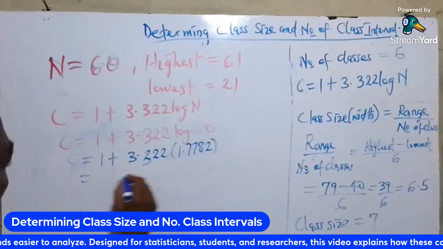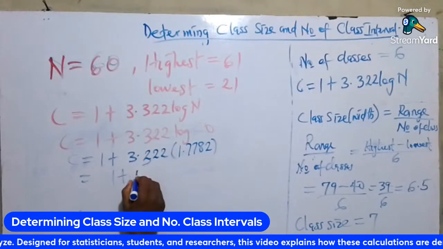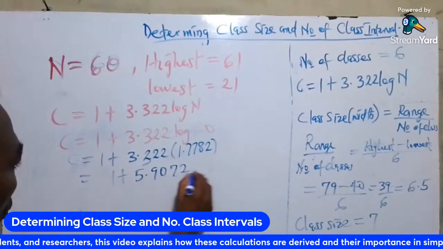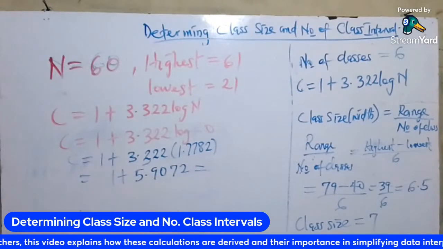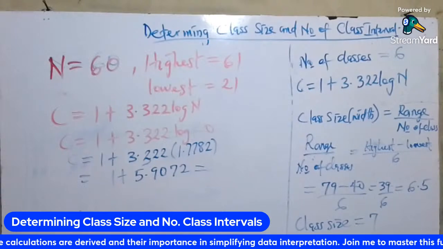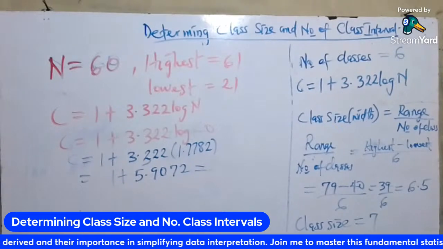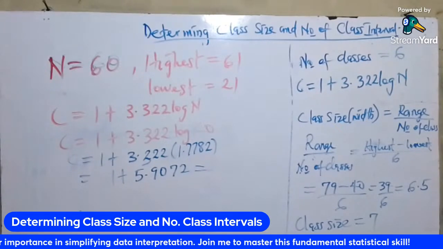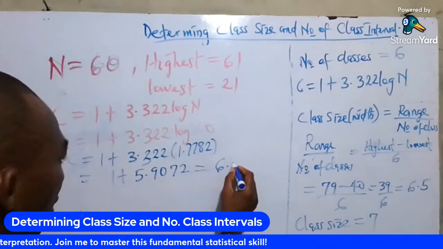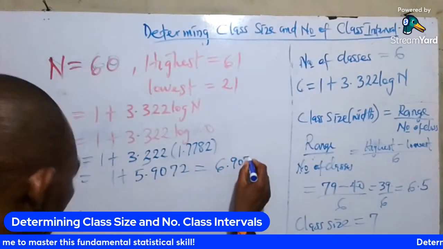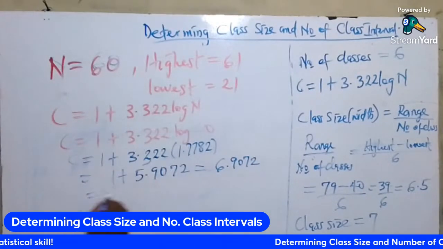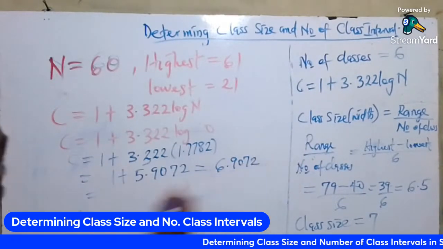So that is giving me 1 plus 5.9072. So what would that be? 1 plus 5.9072 will give me 6.9072.